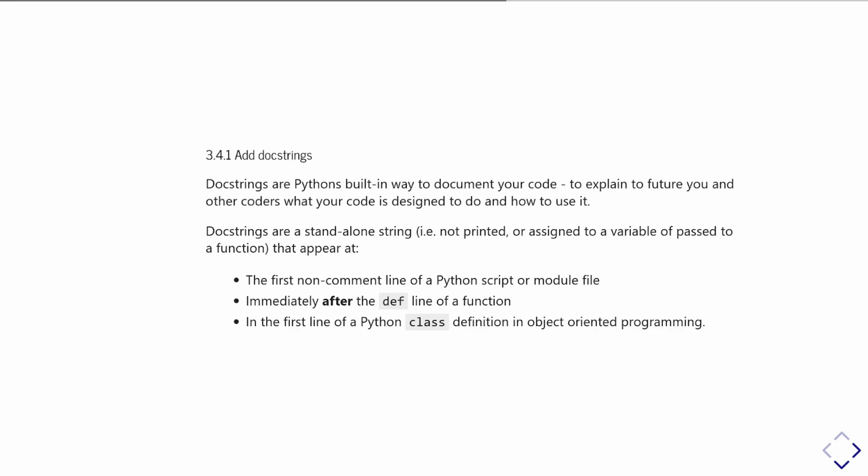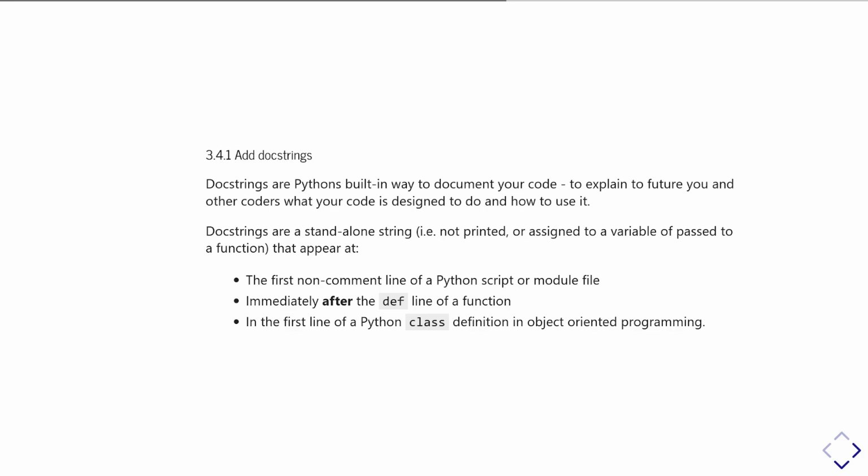So docstrings are always a standalone string, so they're not assigned to anything, they're just a string that sits there, and it's always the first line of a function, or indeed of a module. The docstring is something that Python will automatically recognize and can use, but only if you put it in the right place.